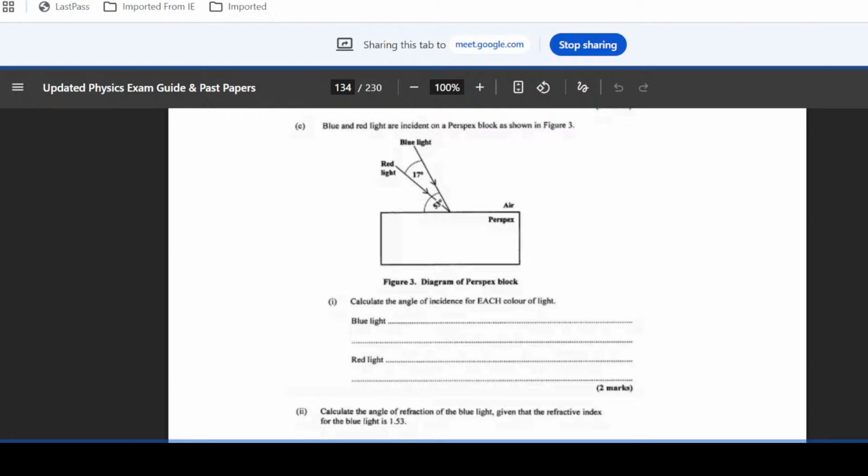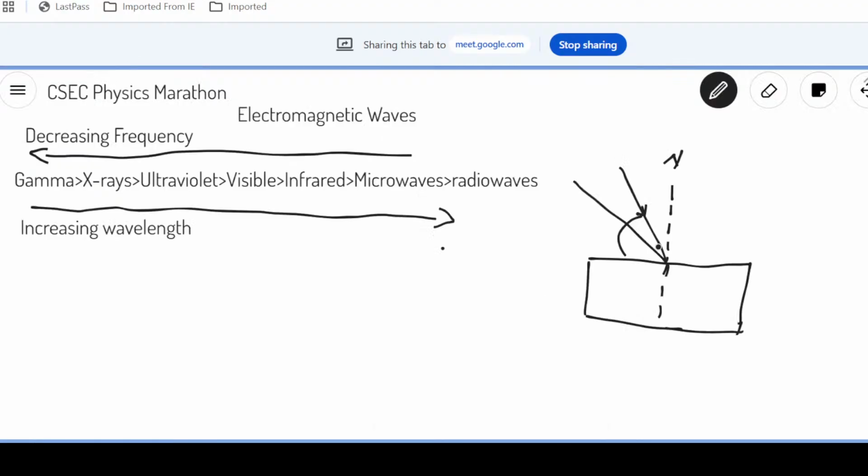You're told that this is 53, and then in here is 17. So this is the blue light.